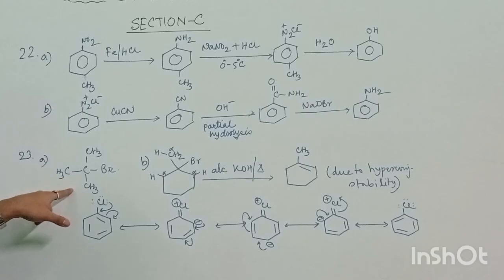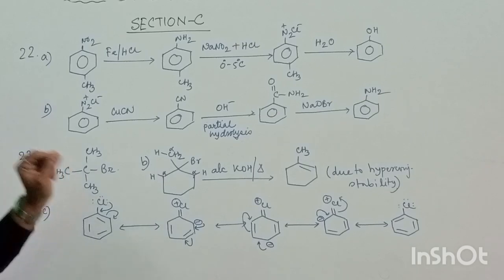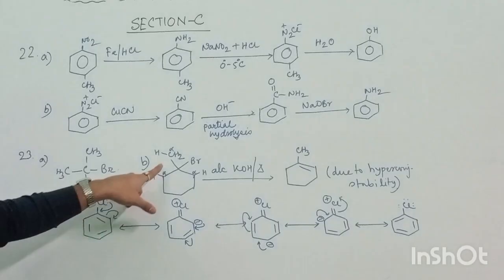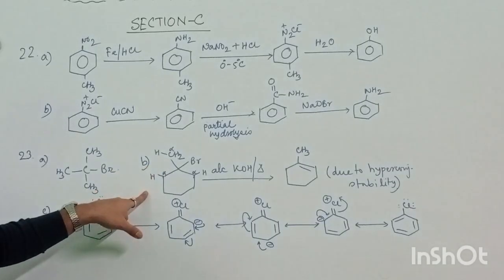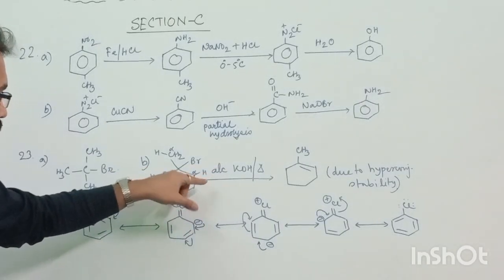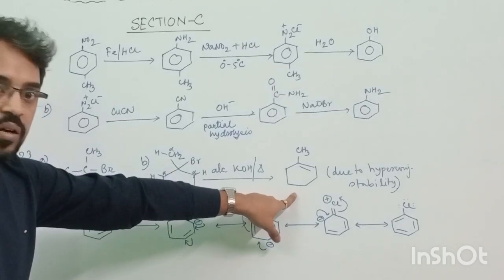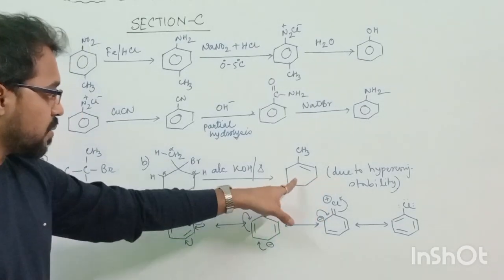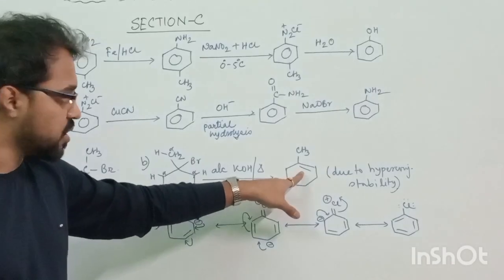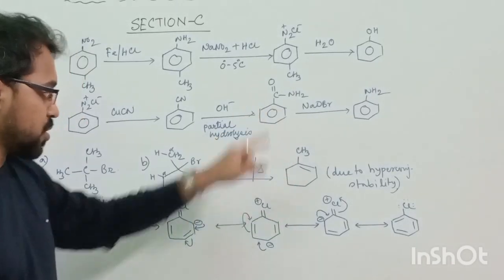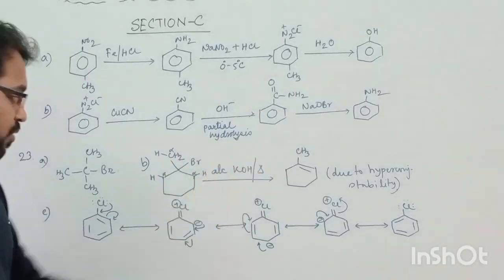This is the isomer of C4H9Br which is most reactive towards SN1, because the substrate is a 3-degree alkyl halide. Next is 1-bromo-1-methyl cyclohexane. On dehydrohalogenation reaction, this will be the major product, and this is stabilized by hyperconjugation, due to the number of alpha hydrogens.